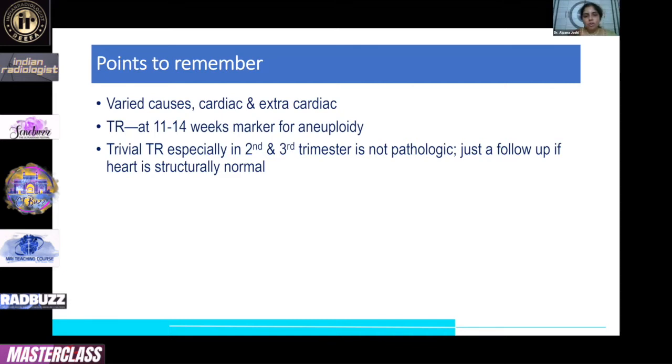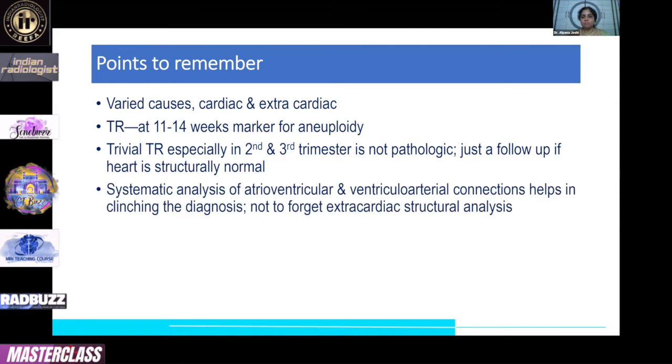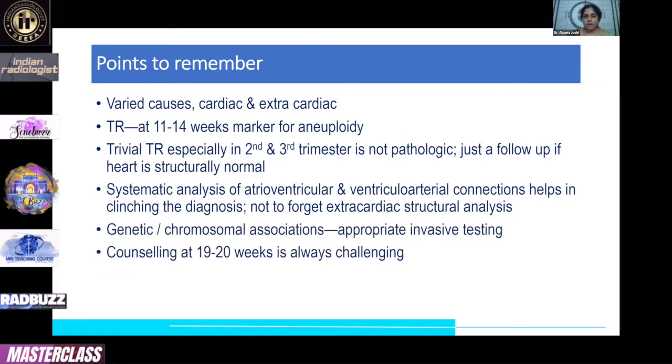So as we saw earlier, there are varied causes. You have to look at cardiac and extracardiac problems. TR at 11 to 14 weeks is a marker for aneuploidy, whereas in second and third trimester, it may be physiologic, it may not be pathologic. And a systematic analysis of the atrioventricular connection and a ventricular-arterial connection helps in clinching the diagnosis, and not to forget the extracardiac structural analysis.